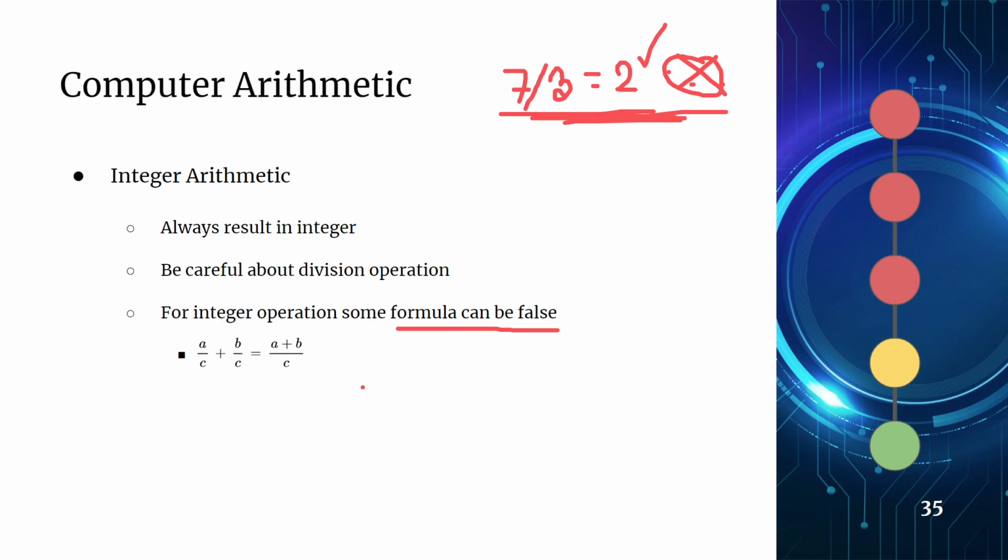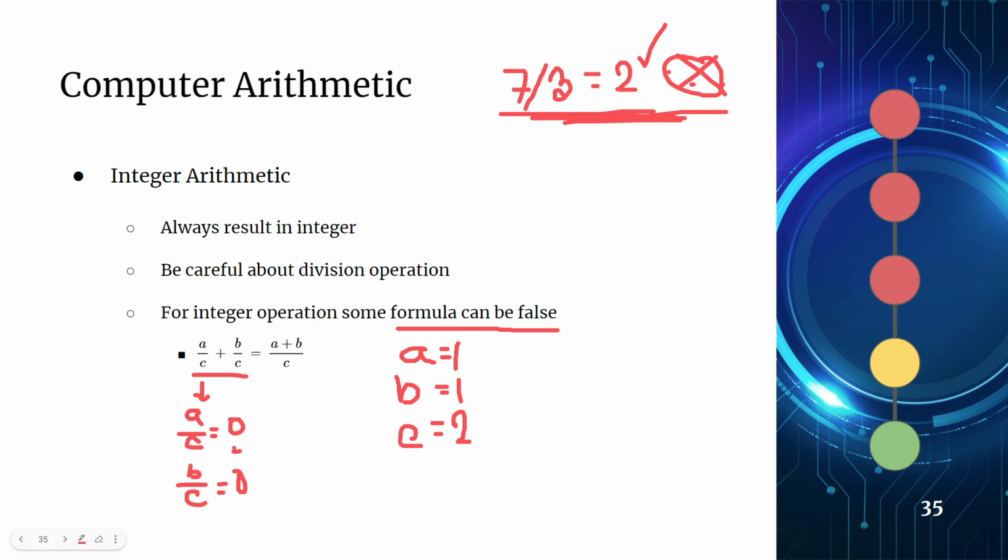For example, if a equals 1, b equals 1, and c equals 2, and we consider integer division, a/c will equal 0, b/c will equal 0, and summing these two up will still equal 0.